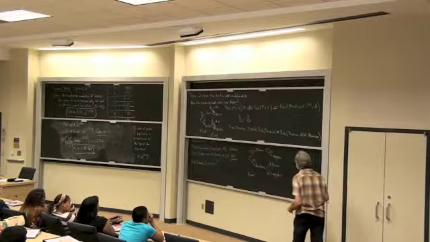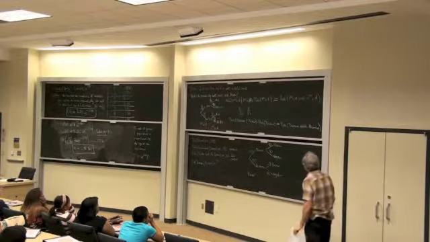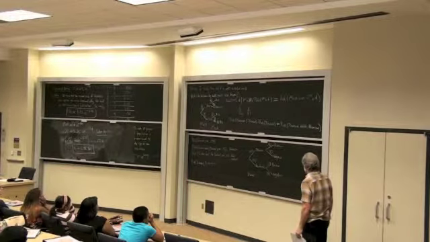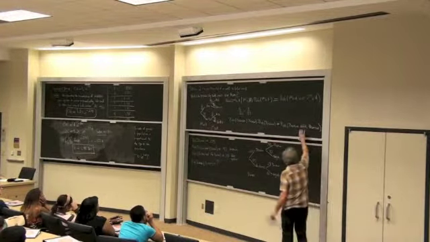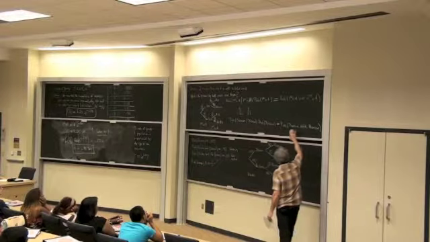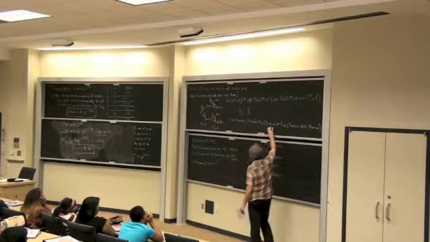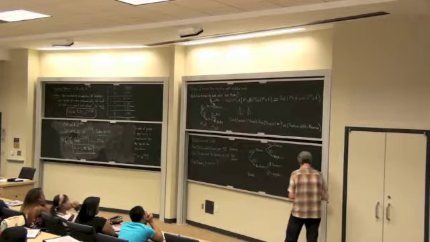So we should know 2 out of those 3 numbers. What's the probability of positive and disease? What's the probability of positive? Then we can figure out the probability of disease given positive.